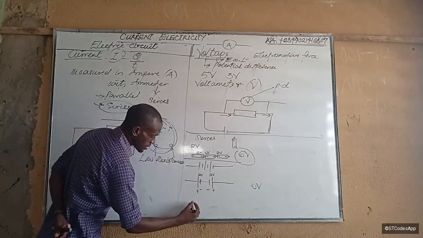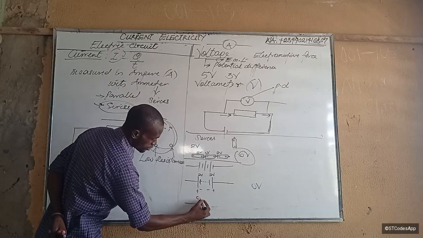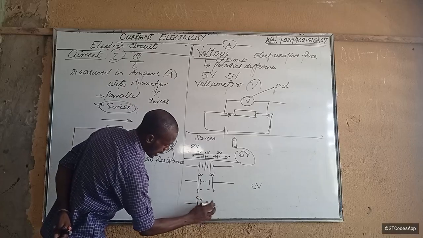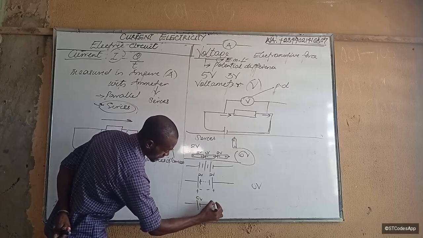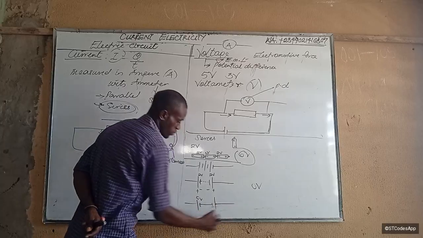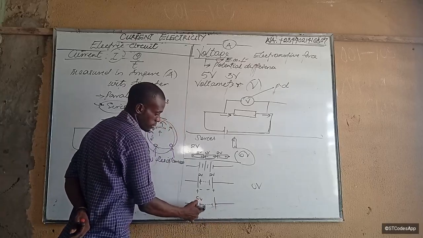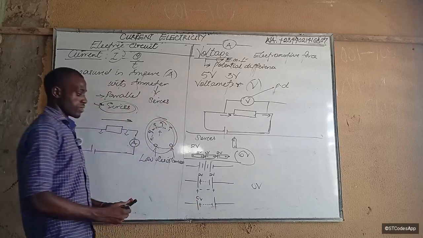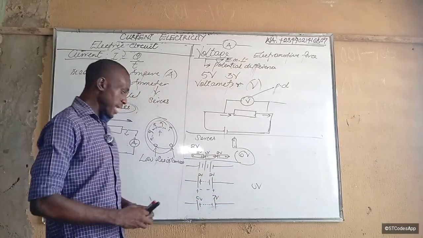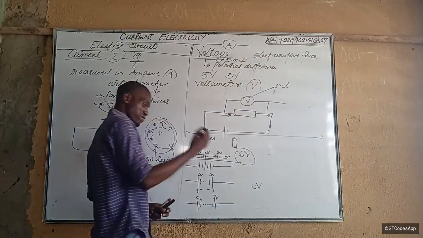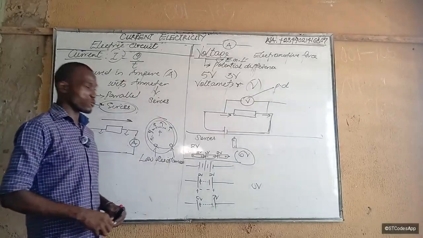But what if you now connect a 5-volt battery and a 7-volt battery? Now you have to determine the direction of flow and how much voltage will flow.